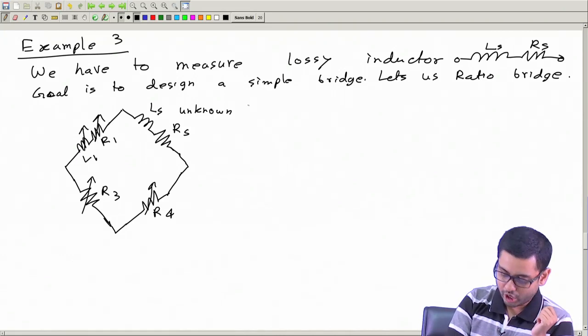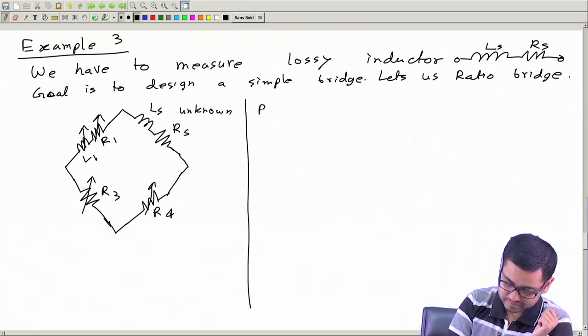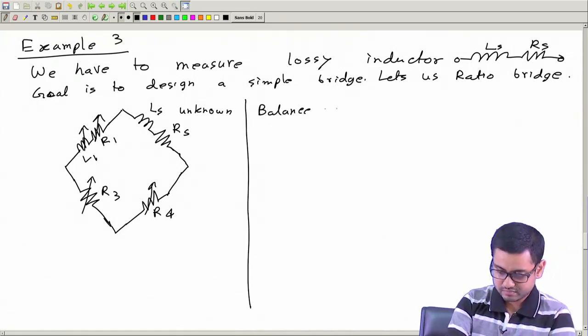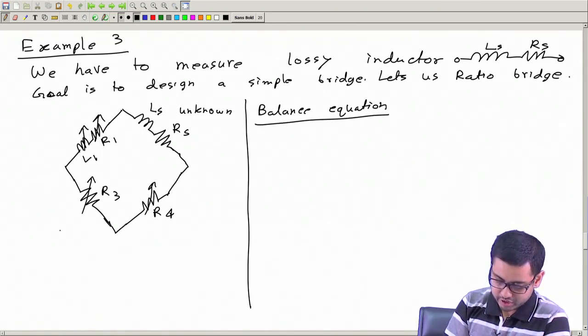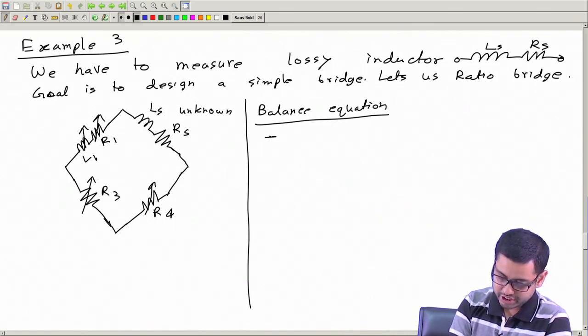So then let's see how easy the balance equation is. Okay, so we will write this as Ls, say this divided by this. So j omega Ls.